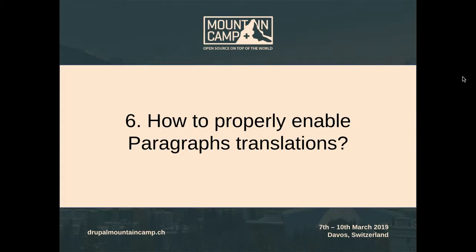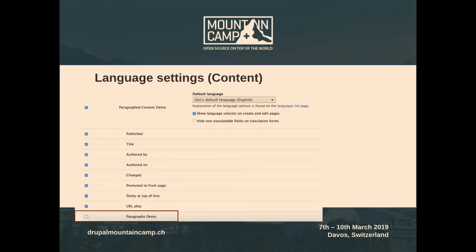So the next two questions are basically something that we hear a lot, so I just put it here. One of these is how to properly enable paragraph translations. So as you might know, the paragraph fields itself and the revision field, it's not translatable yet, or paragraphs do not support those.